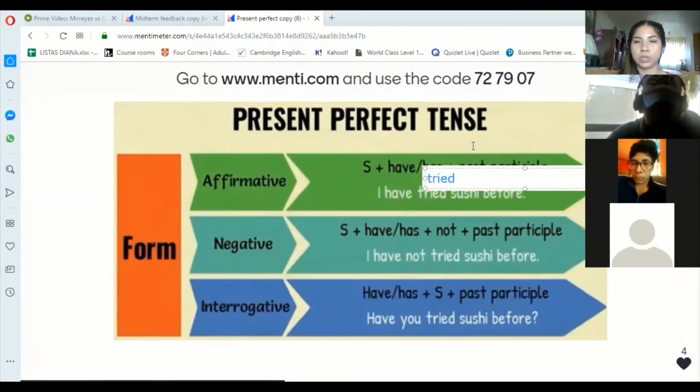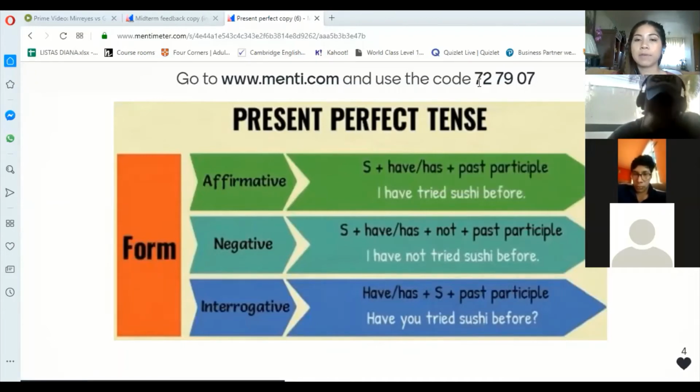This is regular. But if you have irregular, you need to use the third column. Por ahí les dejé también un Kahoot para que estudien verbos irregulares. Vamos a utilizar pasado participio, que es la tercera columna de los irregulares, o simplemente ed para todos los regulares.